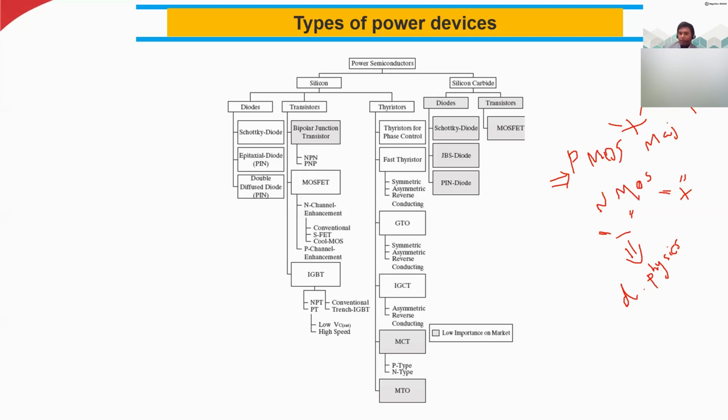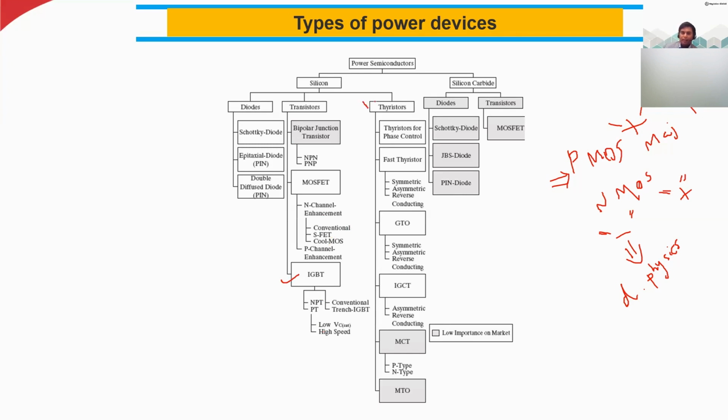The MOSFET concept is the same, just we are changing the impurity levels and the impurity types, and we are classifying into different types, because each type of transistor has its own conductivity level and gate voltage level and so on. And the IGBT is also another type of transistor, and it has some subcategories as well.